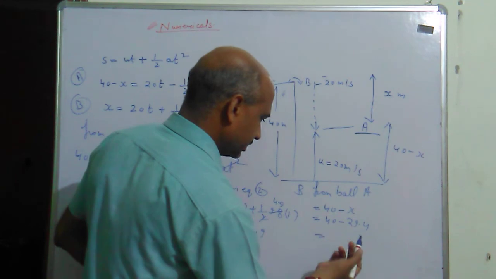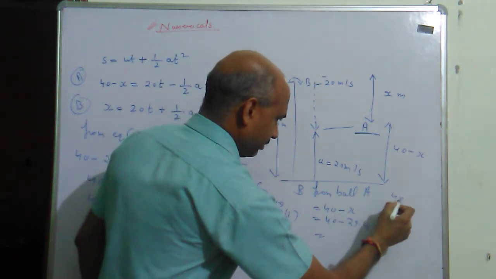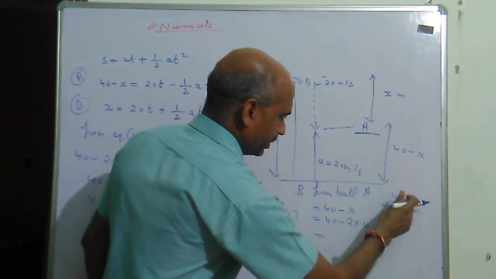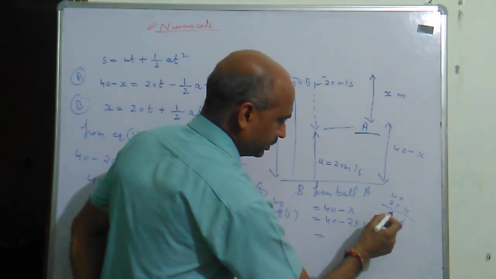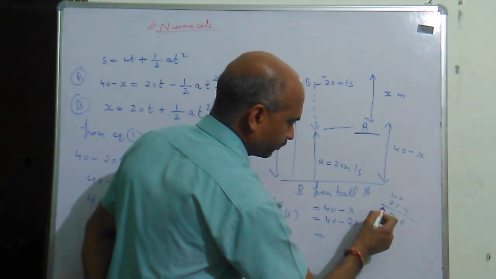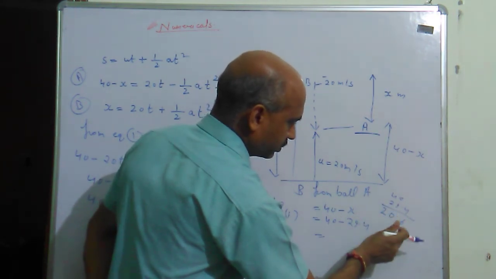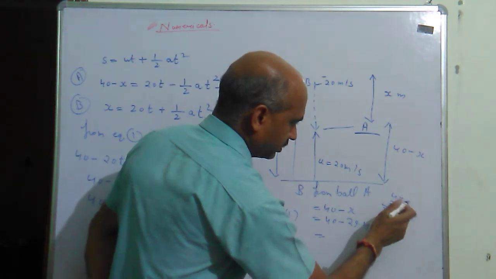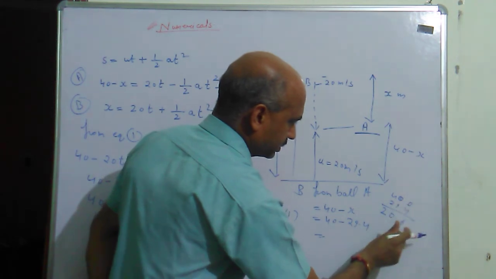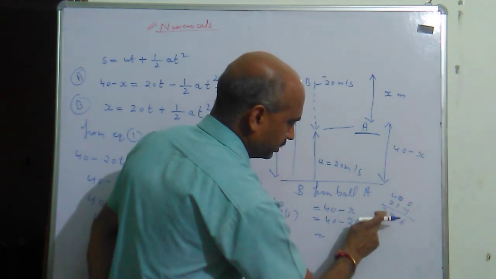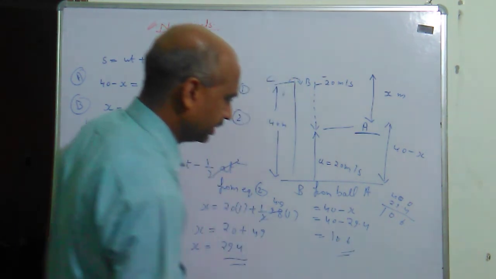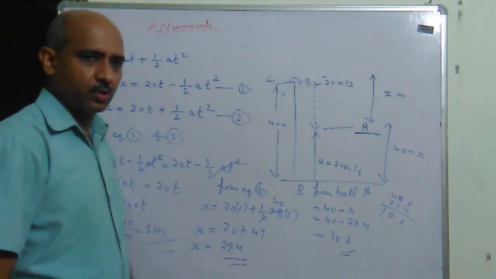So on subtracting this what we are getting, 40 में से 29.4 को minus करो, so we get 10.6. So this is your answer. Okay, this is your answer.